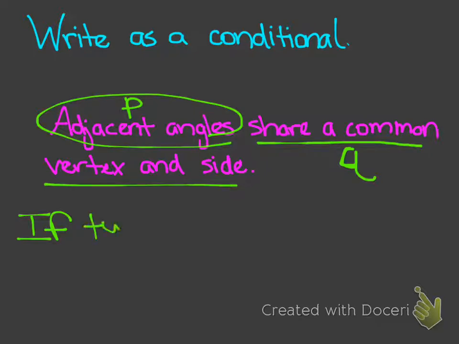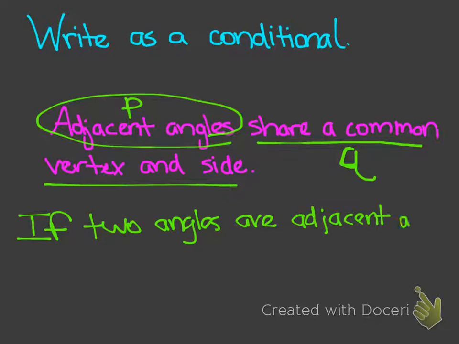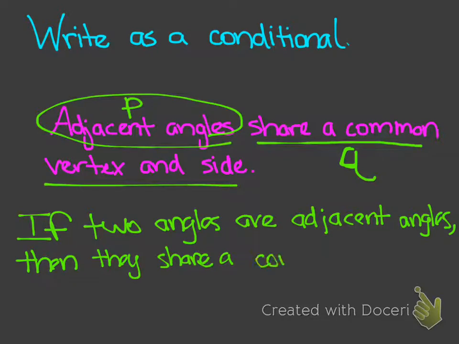So we can say if 2 angles are adjacent angles, then they share a common vertex and side. Okay, so that is just writing it as a conditional.